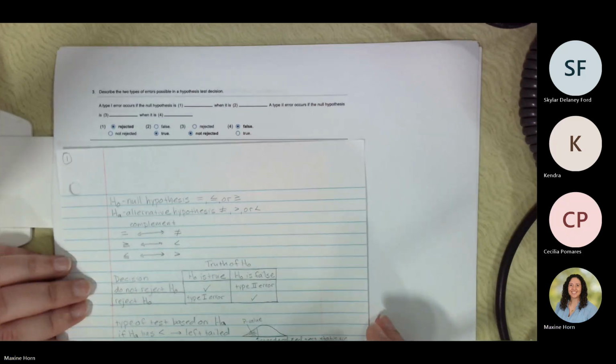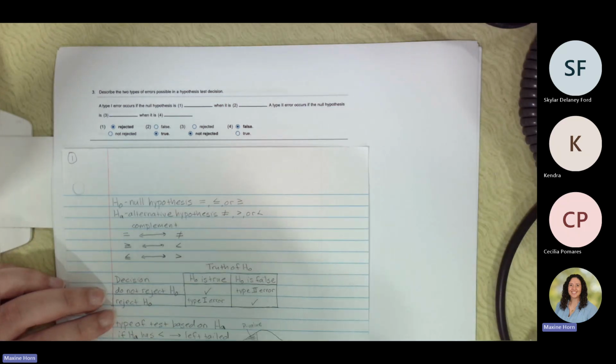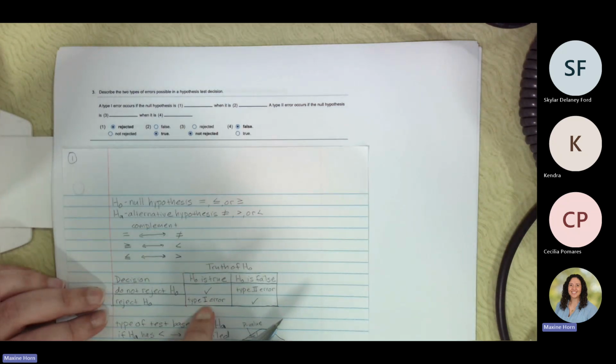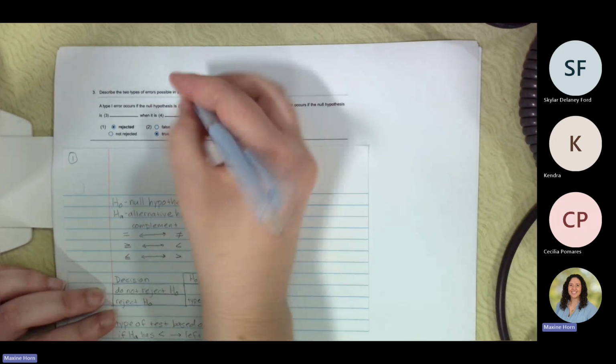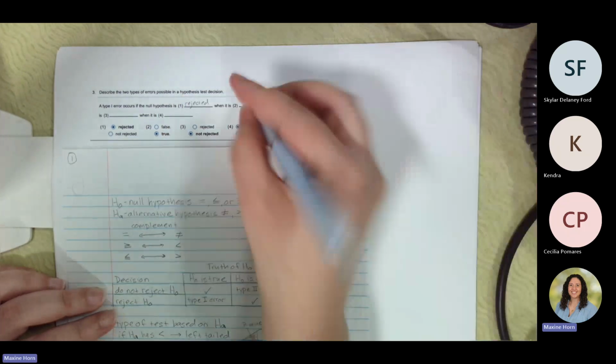Okay, describe the two types of errors possible in a hypothesis test. All right, so let's pull this back up here, our little error chart. A type 1 error is when the null hypothesis is true, but instead of not rejecting it, we did actually reject it. So a type 1 error occurs if the null hypothesis is rejected when it's true.